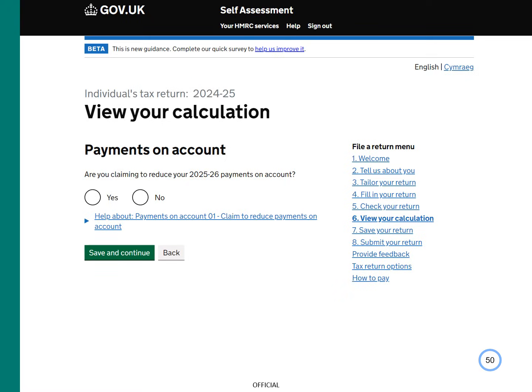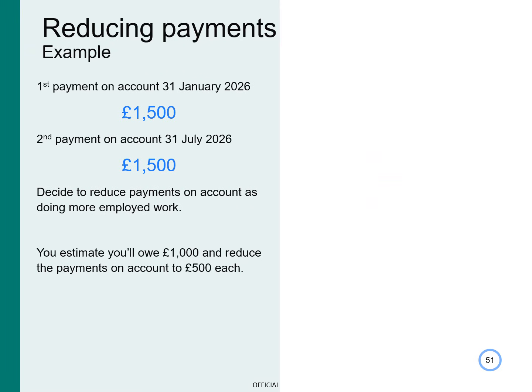Let's look at an example. Your tax calculation shows that you should make a payment on account of £1,500 in January 2026 and £1,500 in July 2026.